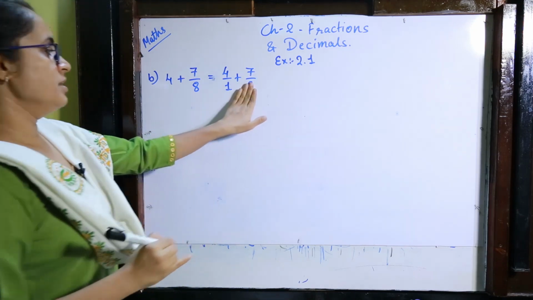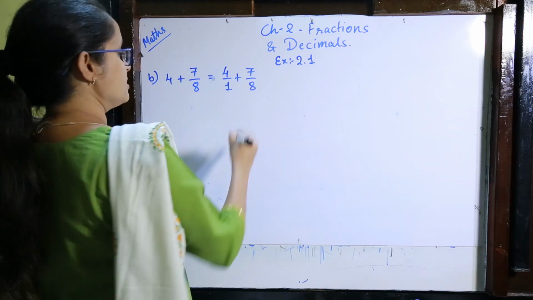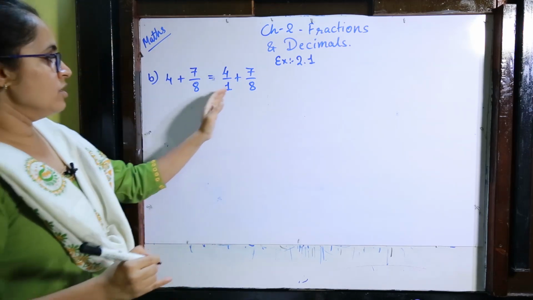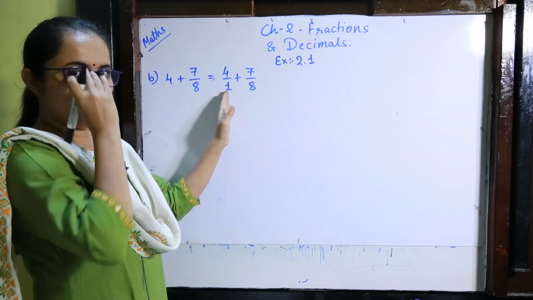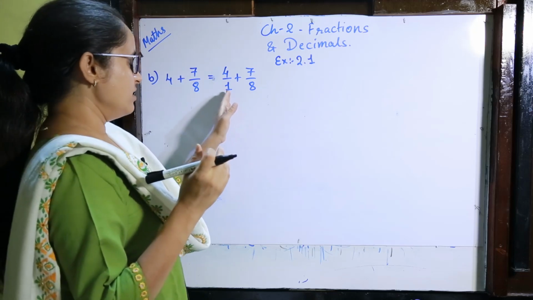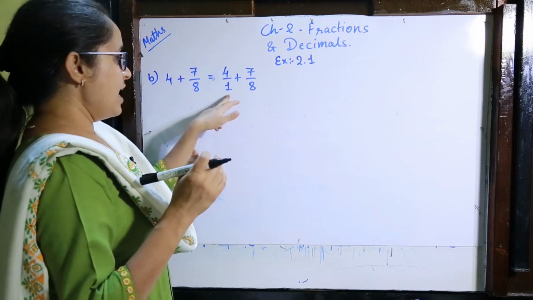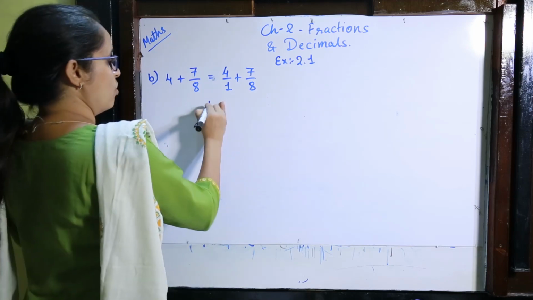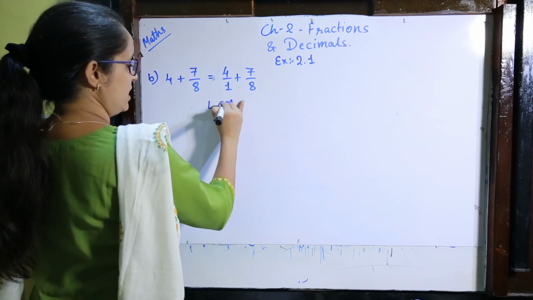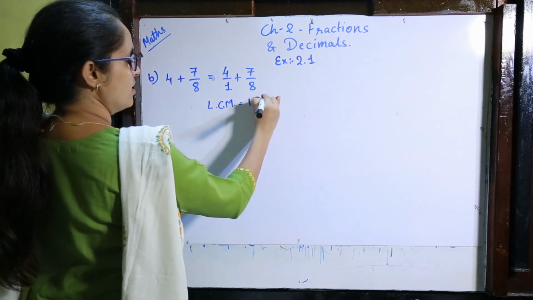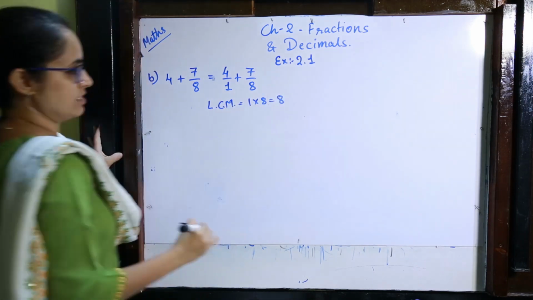Now you remember that in the previous example I told you, when one denominator is 1 and the other number is there, then the LCM is the multiplication of both numbers. So LCM is equal to 1 multiplied by 8, which is 8.